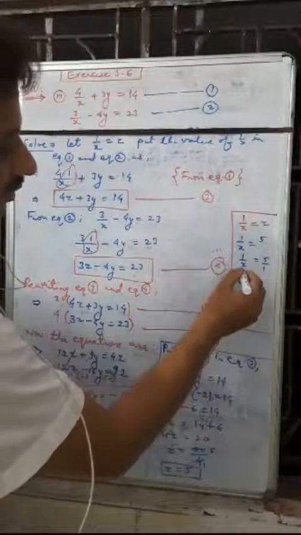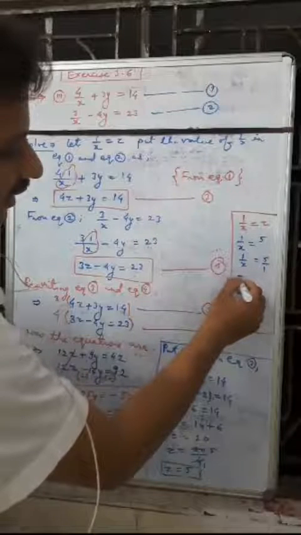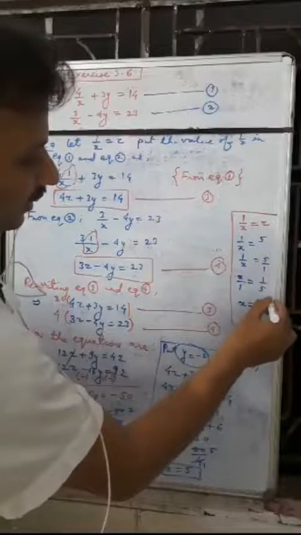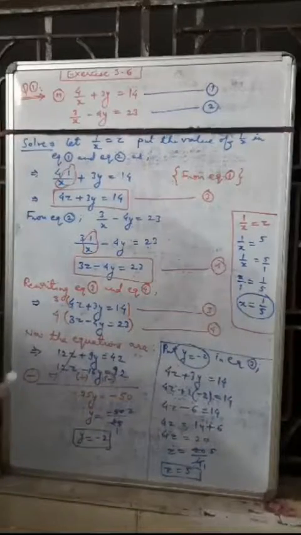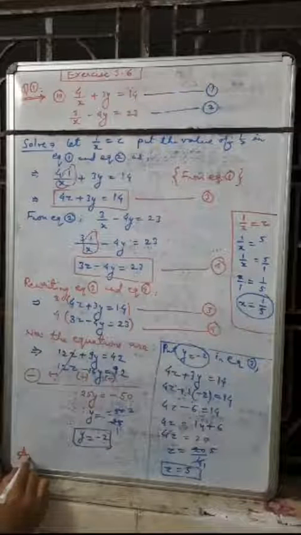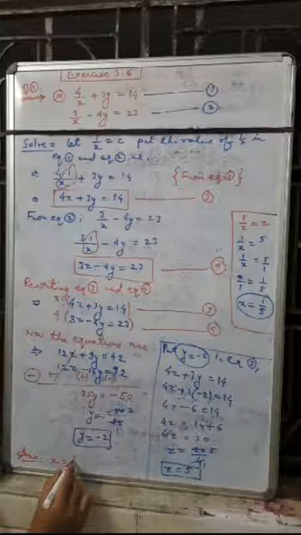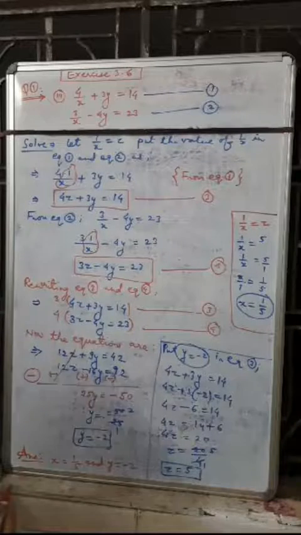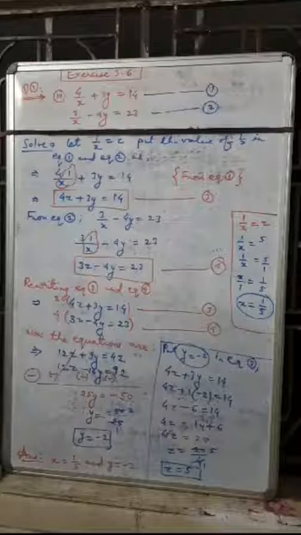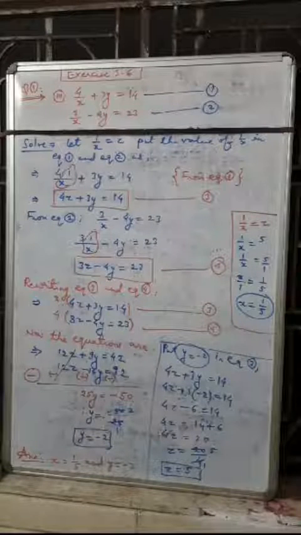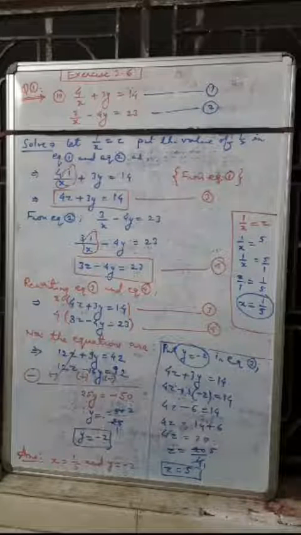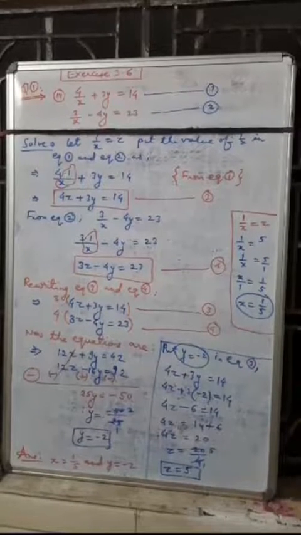Taking the reciprocal of both sides, we get x by 1 is equal to 1 by 5, so x is equal to 1 by 5. So the answer of the given problem is x is equal to 1 by 5 and y is equal to minus 2. That is the solution of this problem. We must concentrate on what we assumed at the beginning. z is equal to 5 is not the answer of the given problem, because we have to find the value of the variable x.